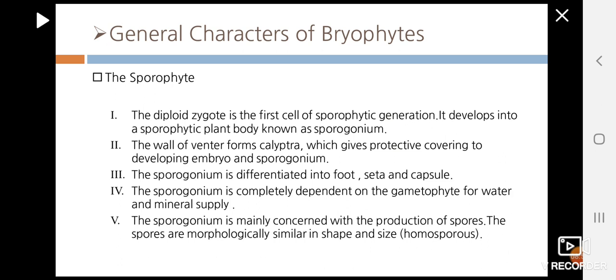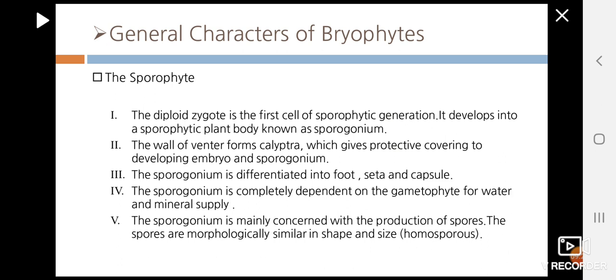Now, sporogonium is concerned with the production of spores. Spores are morphologically similar in shape and size, so they are called homosporous. But in Marchantia, out of 4 spores produced from a spore mother cell, 2 produce male thalli and the other 2 produce female thalli.